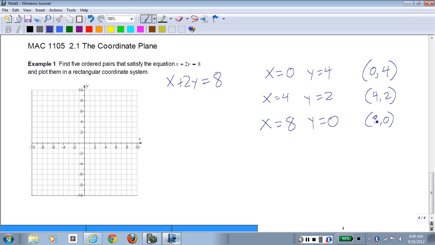Those points are going to be on the axes. We'll call those intercepts. There was another one? 2 and 6. 6 for y might put us a little bit too big. x would need to be negative in that case, which was not a problem.